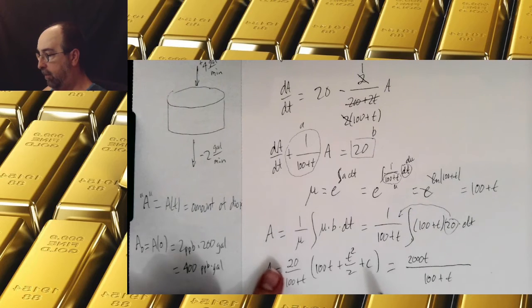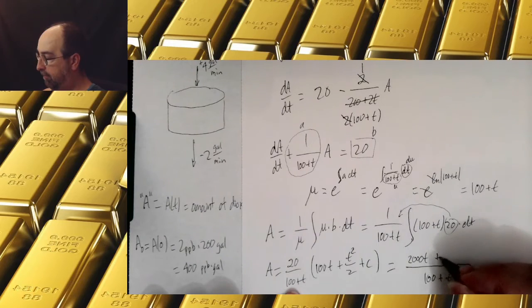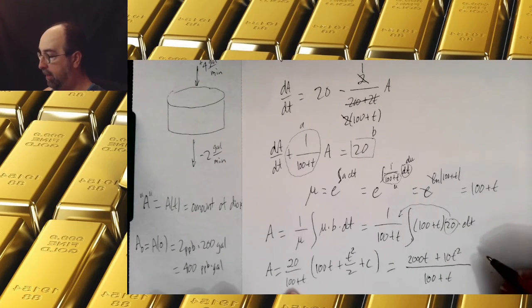Now, when the person multiplies the 20 by the t squared over 2, the 20 and the 2 will cancel into a 10. So we'll get 10t squared, but it will still be over 100 plus t. And then there will be a 20c over 100 plus t, which is really c over 100 plus t.